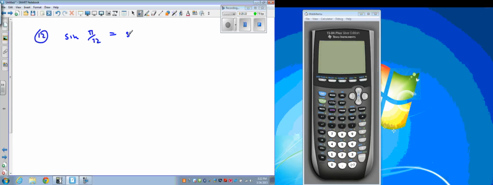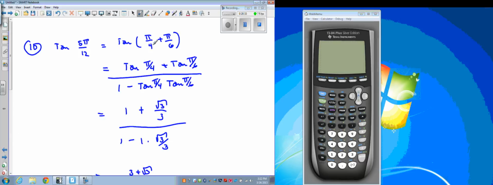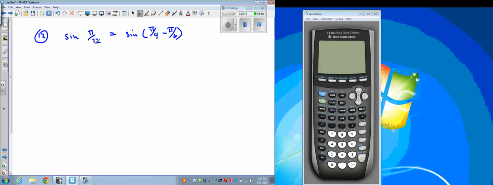See, this is the sine of pi over 4 minus pi over 6. You see what I'm telling you is this one was 3 pi over 12, and this is 2 pi over 12. When you sum them, you get 5. When you take a difference, you get pi over 12, right?